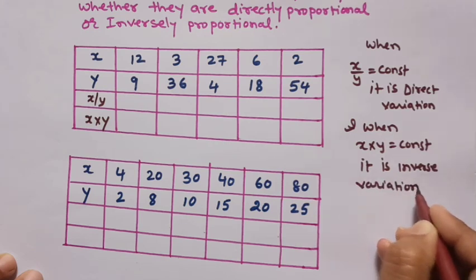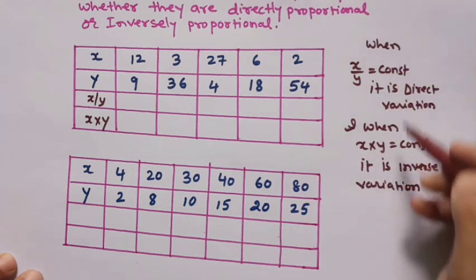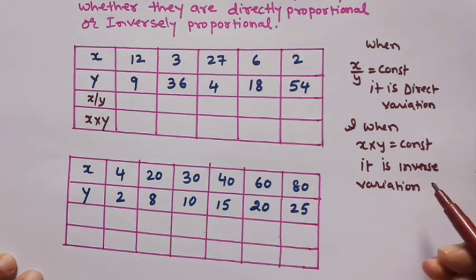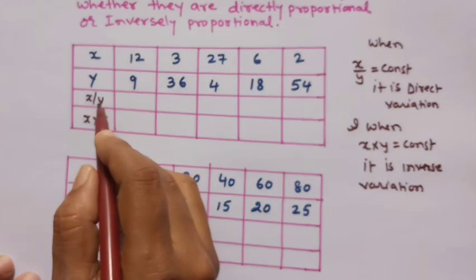And if x and y do not follow any of these two rules, they do not follow any variation.